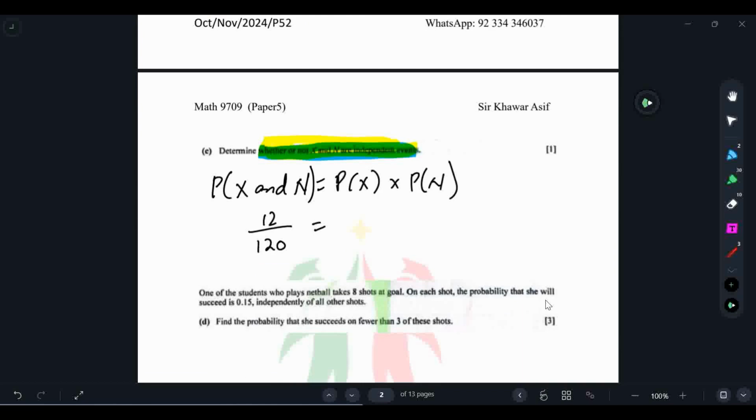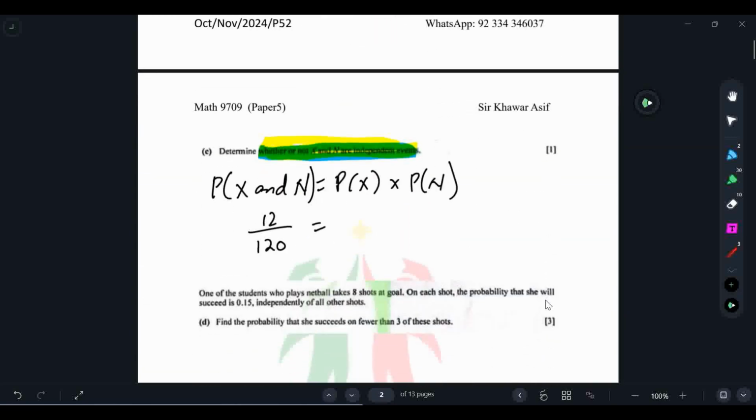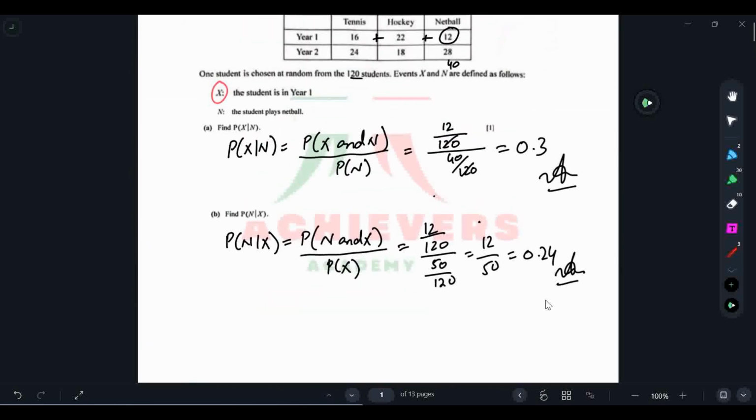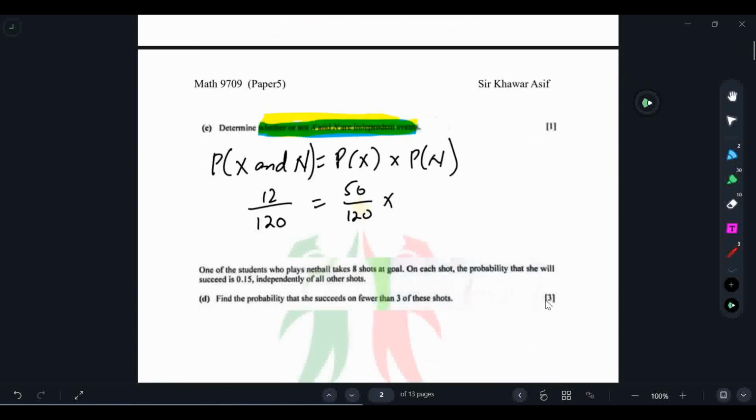Now probability of the student in year 1 will be 50 by 120, multiplied by the probability of N, which is 40 by 120.